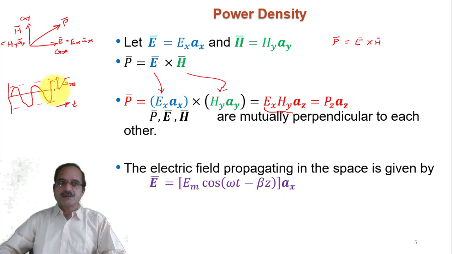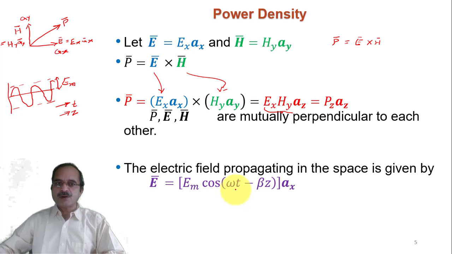It represents how the wave changes phase, and the unit is radian per meter. And z is the distance as this wave propagates in space. So this is how we can represent the electric field vector, E equal to Em cos omega t minus beta z, and this electric field vector is oriented in x direction. So that's why we use here the unit vector ax, which gives direction to this.